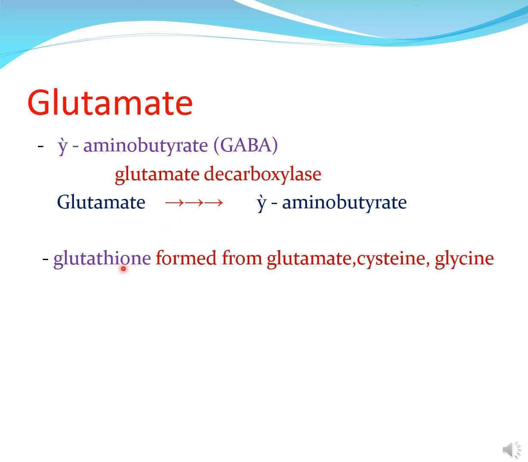Also, glutathione, an important substance used by the defense system of the body to neutralize reactive oxygen species, reactive nitrogen species and any radicals, is formed from the combination of glutamate, cysteine, and glycine. Here, glycine, we said before, is one of the substances involved in the synthesis of glutathione.